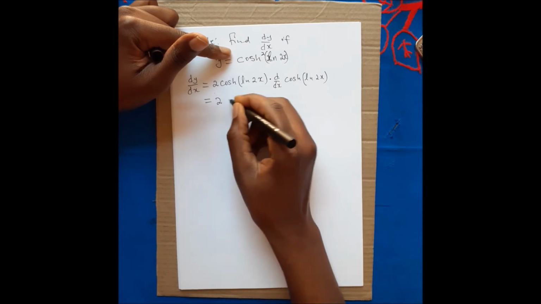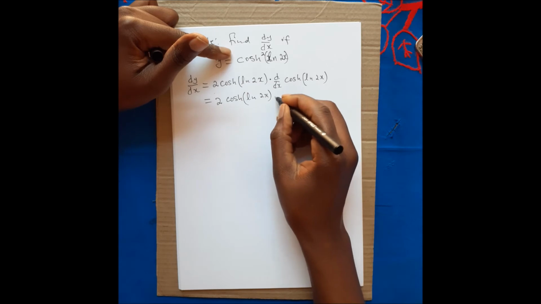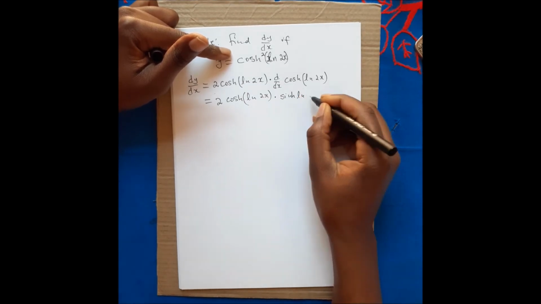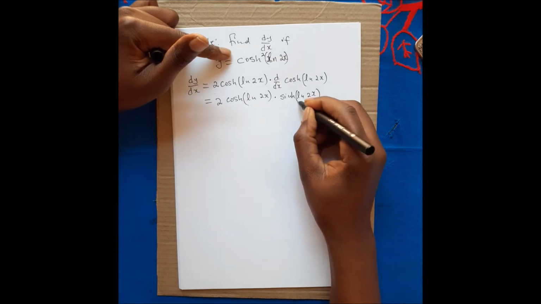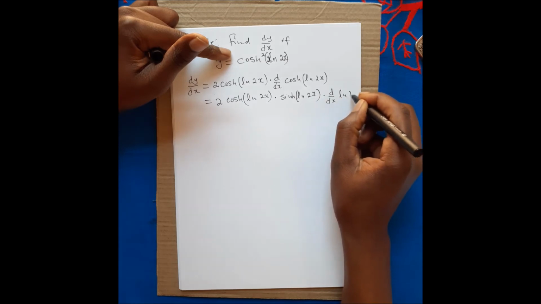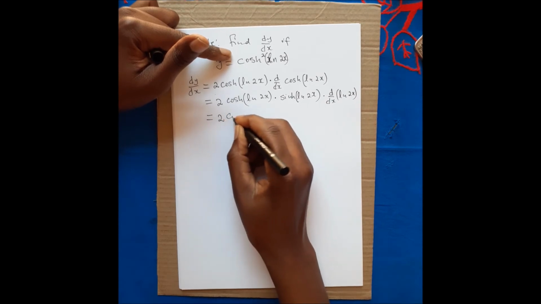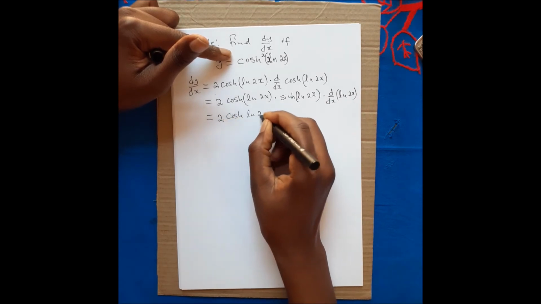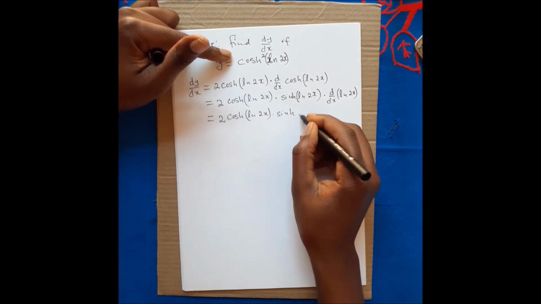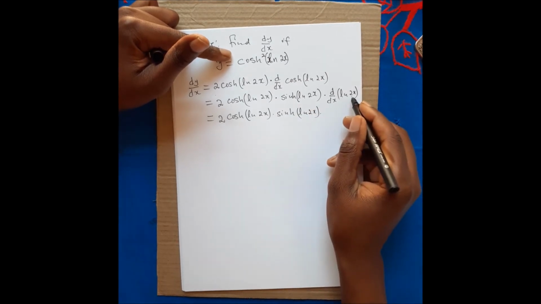This is going to give us 2 cosh the ln of 2x. Multiply this by the sinh of the ln of 2x, like that. Multiply by the derivative of the ln of 2x, like that. And this will give us 2 cosh of the ln of 2x times sinh of the ln of 2x times derivative of ln of 2x.